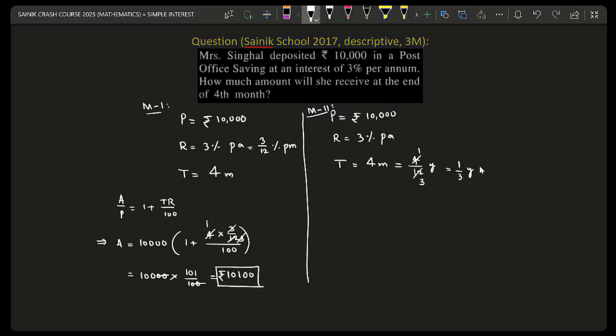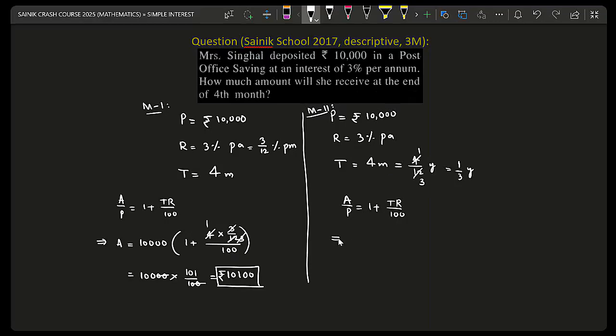Yes, sir. The only difference is that the denominator 12 is there for rate of interest in one case, but here it is there for time period. That is the only difference, right? Now if we go on applying the same formula, is the same answer guaranteed? Sir, yes. Okay, let us take it anyhow. A by P is equal to 1 plus TR by 100.